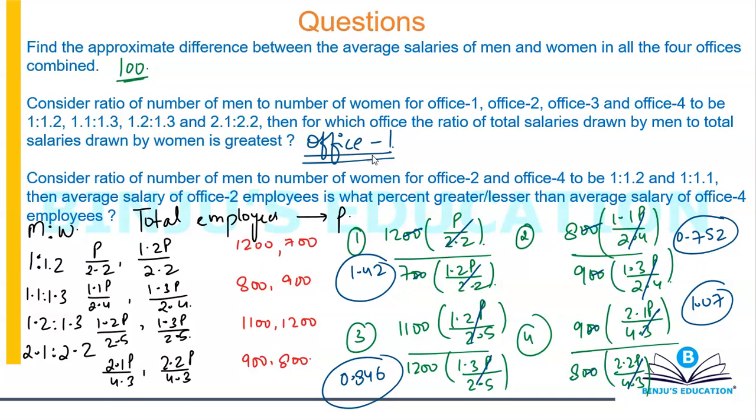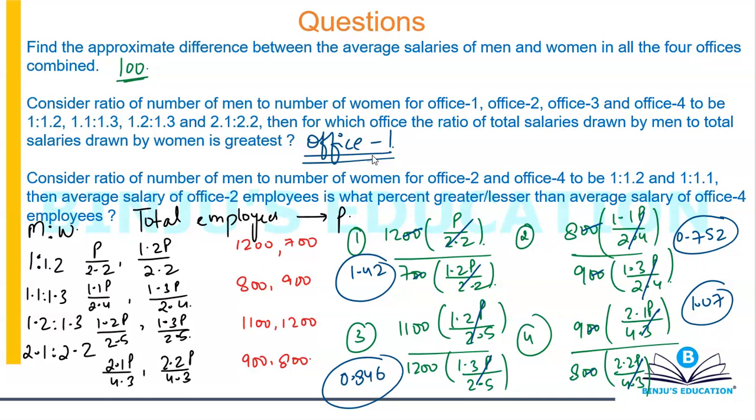And you're taking the ratio within one office only. That is, you're doing men of office 1 divided by women of office 1, or men of office 2 divided by women of office 2. So that total P, the total number of employees, is going to get cancelled.